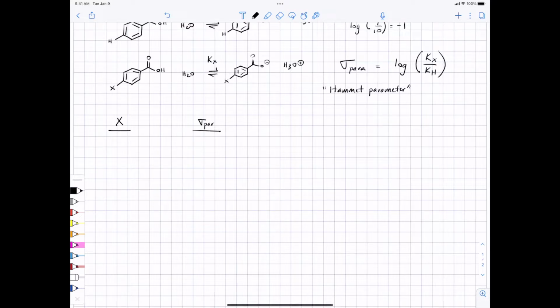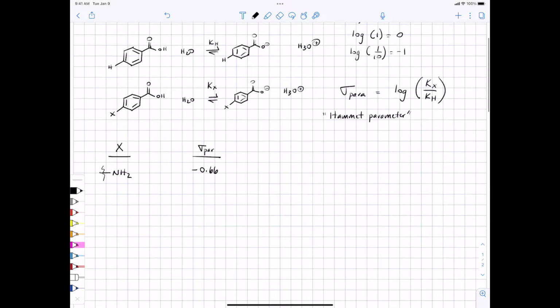So we'll start with this amino group substituent, and the sigma para value there is negative 0.66. If the log is negative, that means Kx is less than KH, meaning that putting the amino group on the benzoic acid actually makes the equilibrium constant lower.